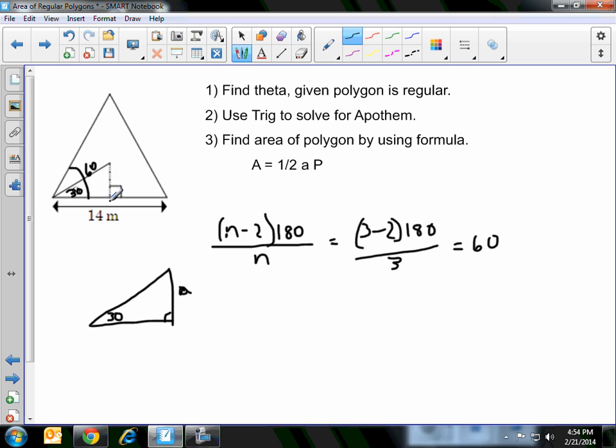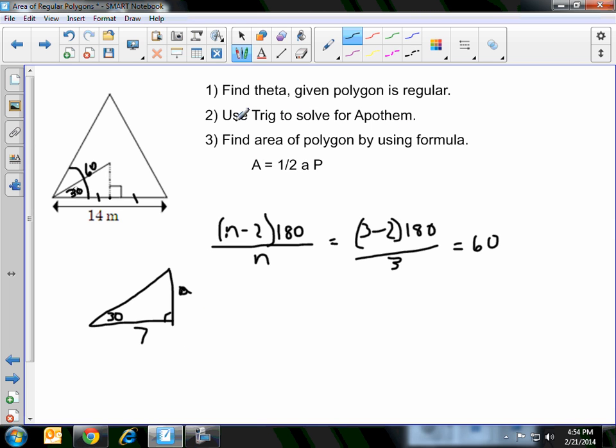The apothem also touches the midpoint of a side. So I take the whole entire side and divide it by 2 to find this portion of the triangle that will help me solve for my apothem.